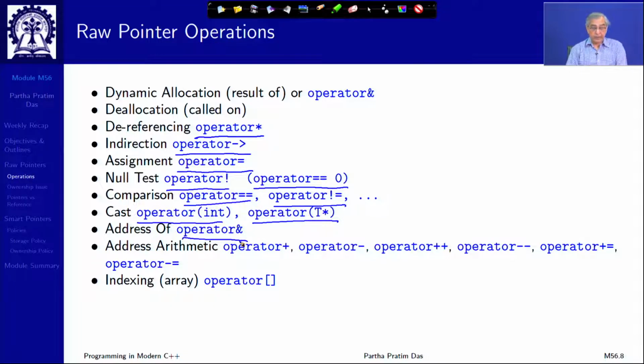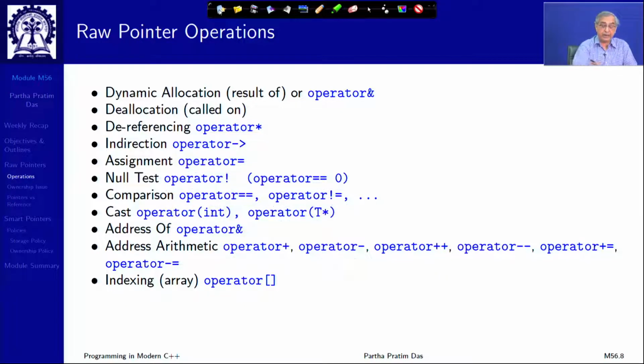whether or not it is a good idea, that is a different thing, but I can. Address-of operator, I can do arithmetic. The meaning of that arithmetic is a little different, as you know, but I can add an integer or subtract an integer from a pointer. I can index into an array. So, there are so many things that I can do with pointers. Of course, the core being these two. Now, some of these are really useful, whereas some of these are really a pain.